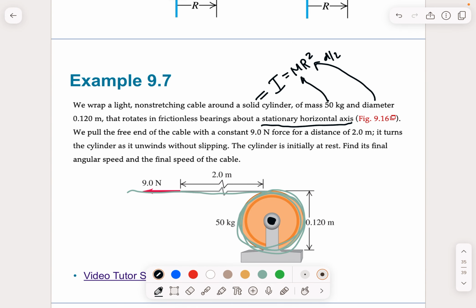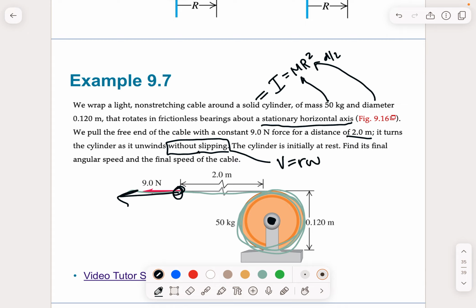So imagine grabbing the end of this cable here and tugging on it with 9 newtons of force over a distance of 2 meters. It's turning, it's unwinding. There's nothing weird with the unwinding. There's no slipping, and basically what I want you to take away from this phrase, without slipping, is that V equals R omega, right?